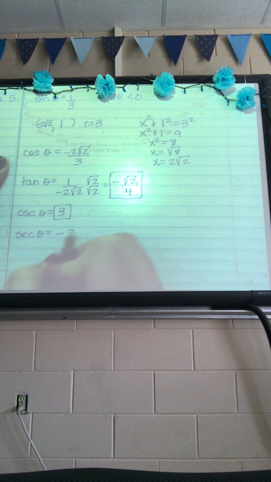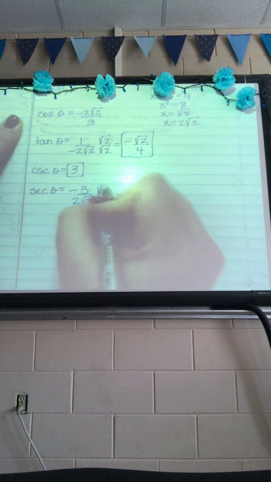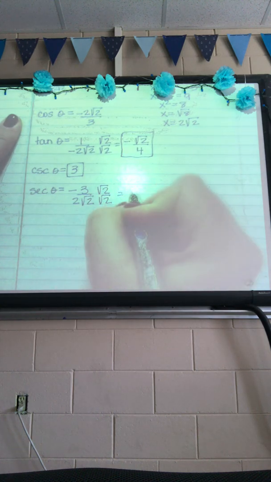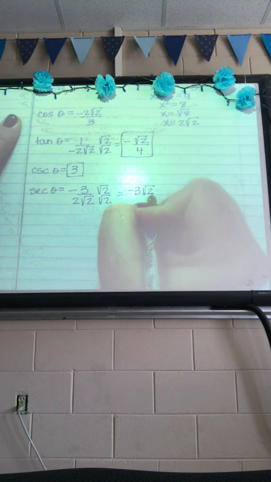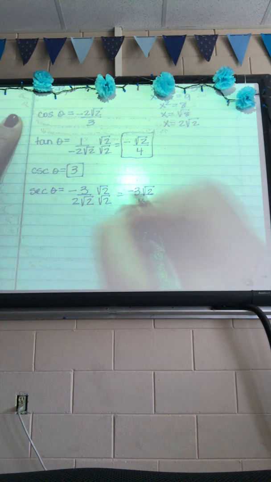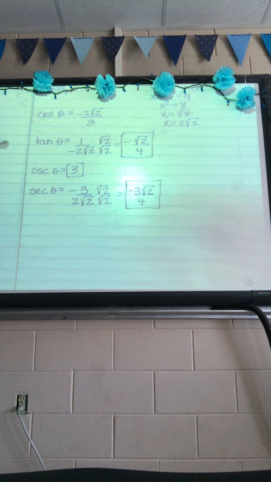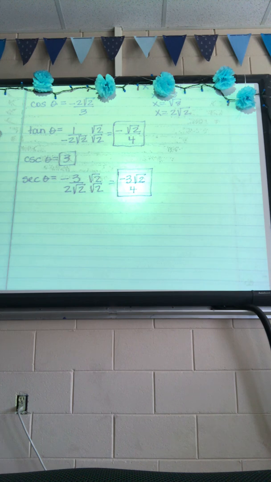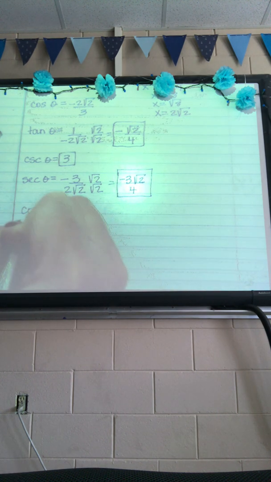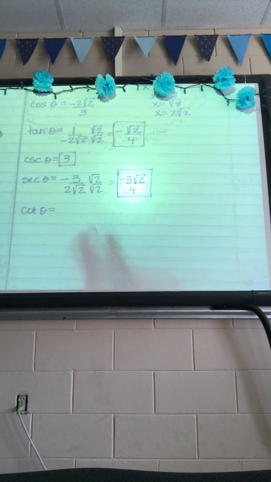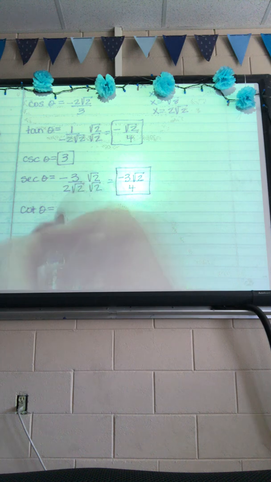So I'm going to have -3 over 2 square root of 2, which of course has to be rationalized. 2 times 2 is 4. And then finally, the reciprocal of tangent is cotangent. So if I flip this upside down, I'm going to get -2 square root of 2.